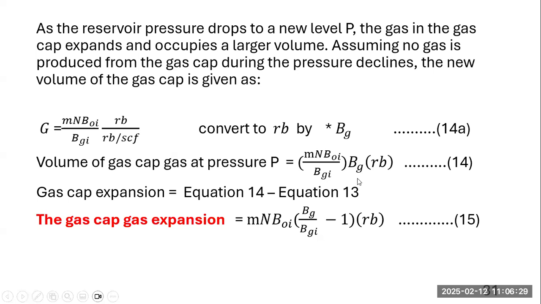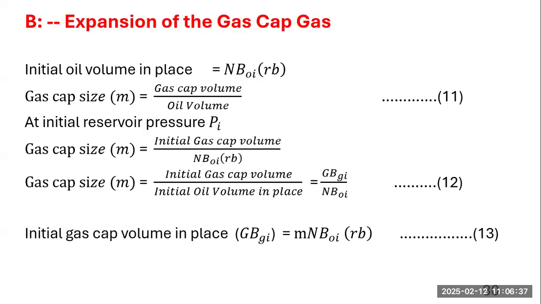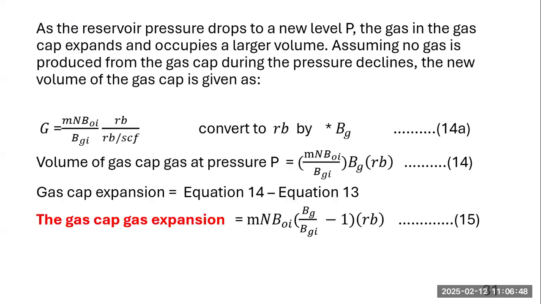This is at every other pressure. So if you take your equation 14 and your equation 13, the initial gas cap volume is MNBOI, then at every other pressure you have MNBOI over BGI. So if you remove MNBOI over BGI minus MNBOI, that's equation 13.